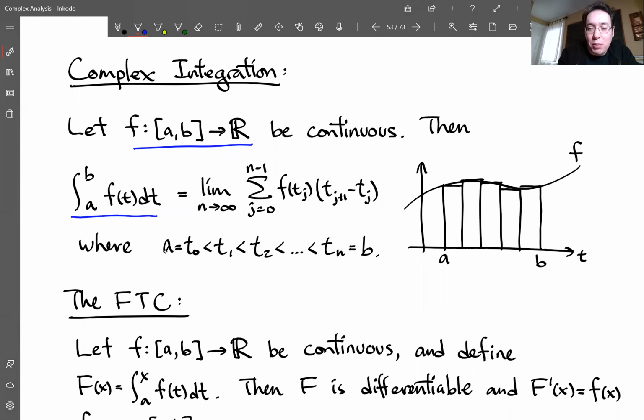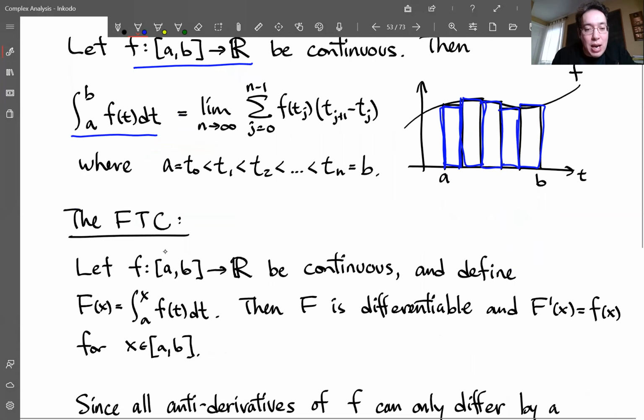We are multiplying the height of the function by the width of the rectangle, and we're going to sum those up. So we're estimating the area underneath the curve and making the estimate more and more precise by using more rectangles. You've seen this in a calculus course.